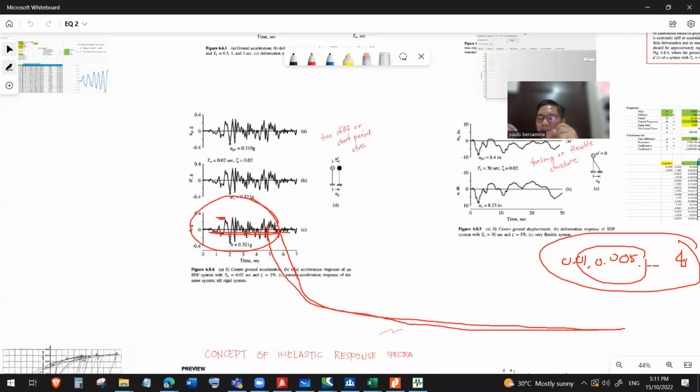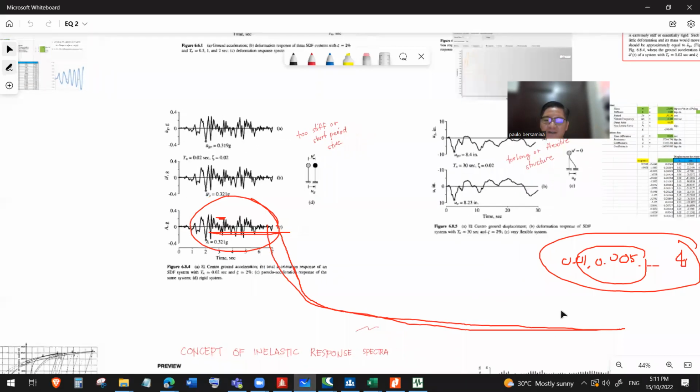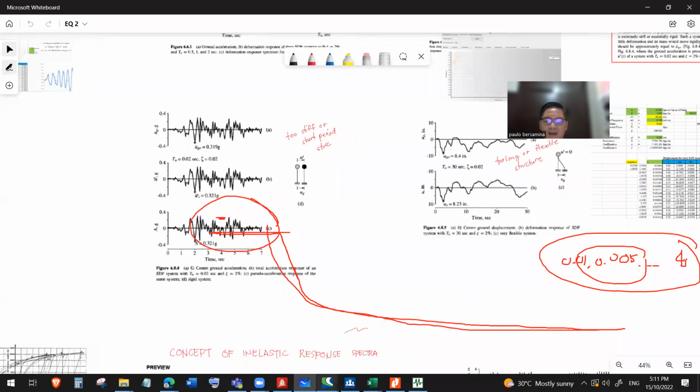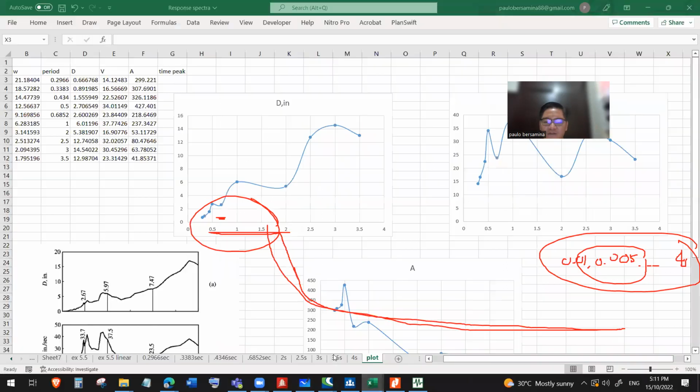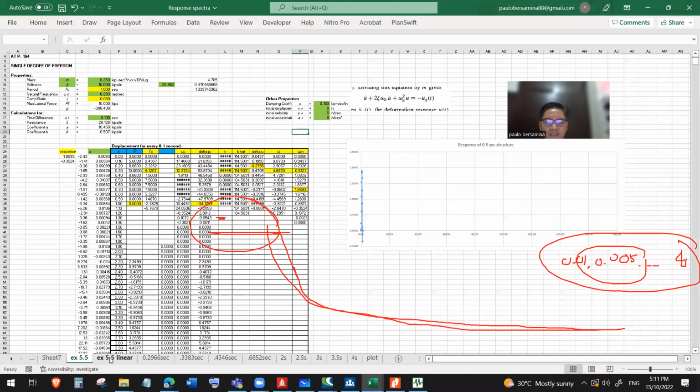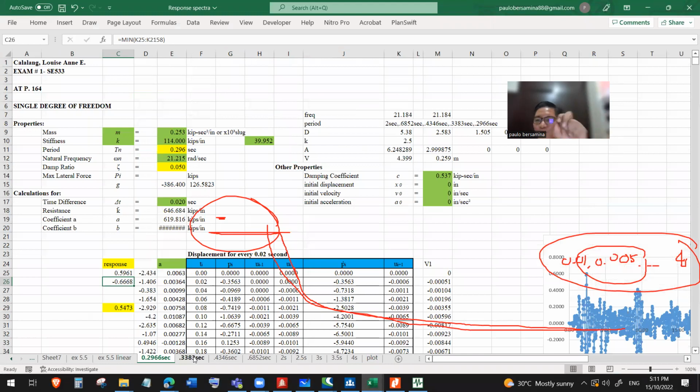Then co-combine mo lang yun. Ganun lang yung nangyayari sa dynamic analysis, or response spectra analysis. So if you have established responses, hihuhugutin lang natin dito yan. Okay, so that's it.